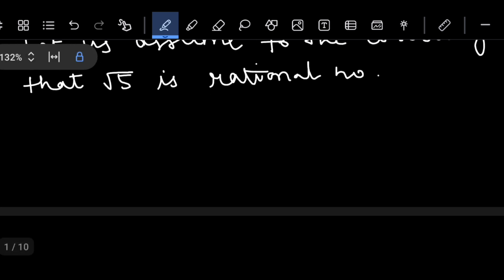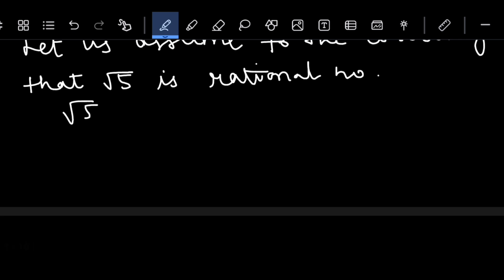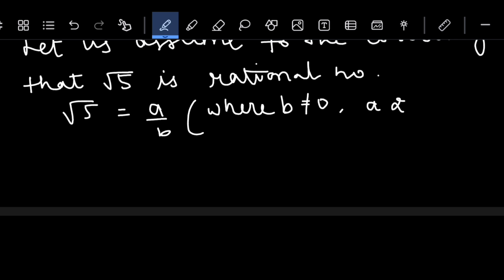Then root 5 is equal to a by b, because whatever number is a rational number, we write it in a by b form, where b is not equal to 0 and a and b are co-prime numbers.